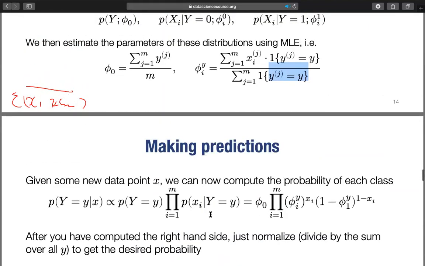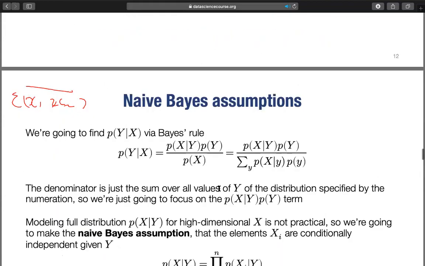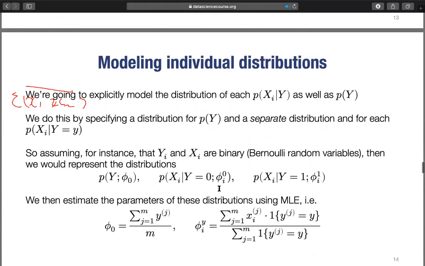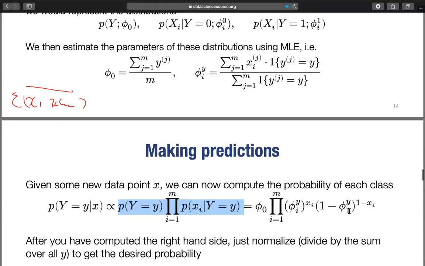And then if we want to make predictions, we are saying that if you want to find the probability of y given x, it is proportional to this particular expression, which we had already defined above, which is actually equal to this. So remember we had simplified the Bernoulli distribution earlier.